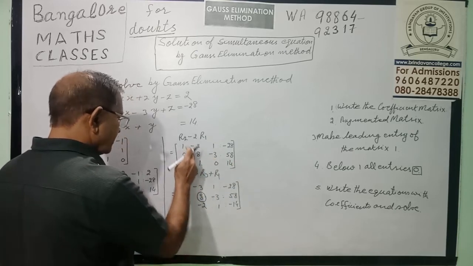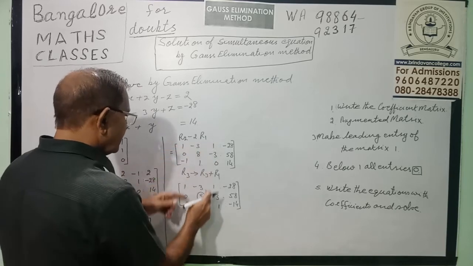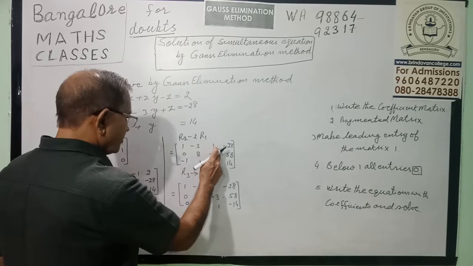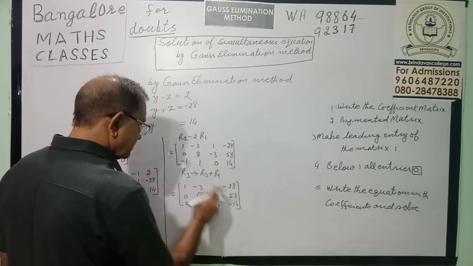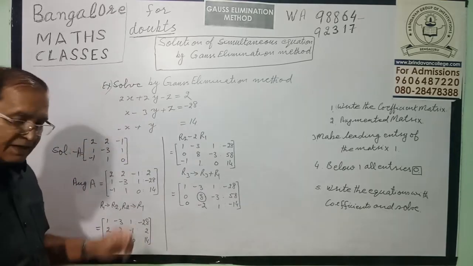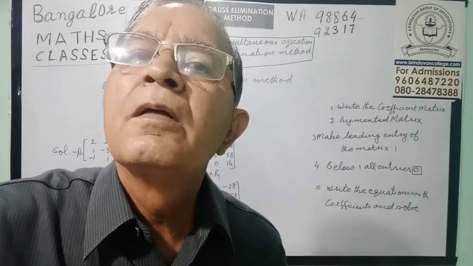Here we have to go for R1. Adding 0, adding will get minus 2. By adding we will get 1, then here we will get minus 40. So the next leading entry of the second row we are supposed to make it 1.